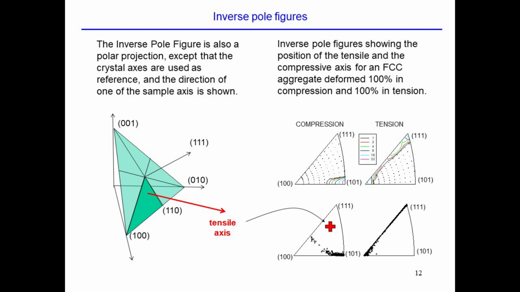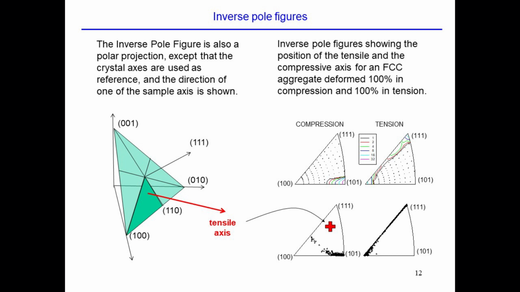There is a concept called inverse pole figures. In the case of inverse pole figures, you take the crystal as a reference. So you say, I'm going to represent, for example, the tensile axis, in an experiment where you do tension, in the axes of the crystal, the 100, 010, 001.